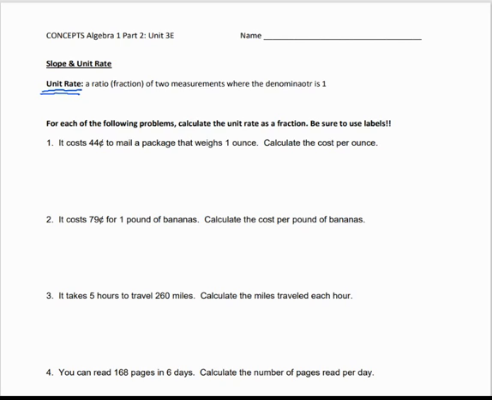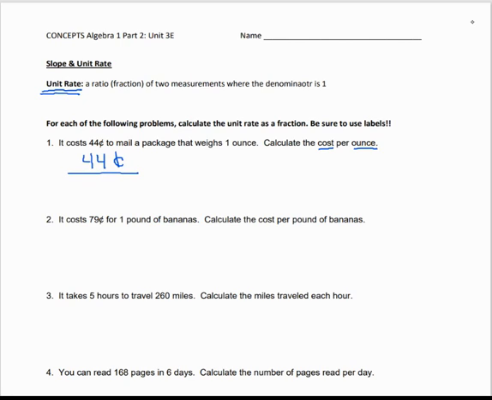So let's look at our first example. We need to calculate the unit rate, and we need to make sure to use labels. It says it costs 44 cents to mail a package that weighs 1 ounce. Calculate the cost per ounce. So what that means is cost is my numerator, ounce is my denominator. Our cost is 44 cents.